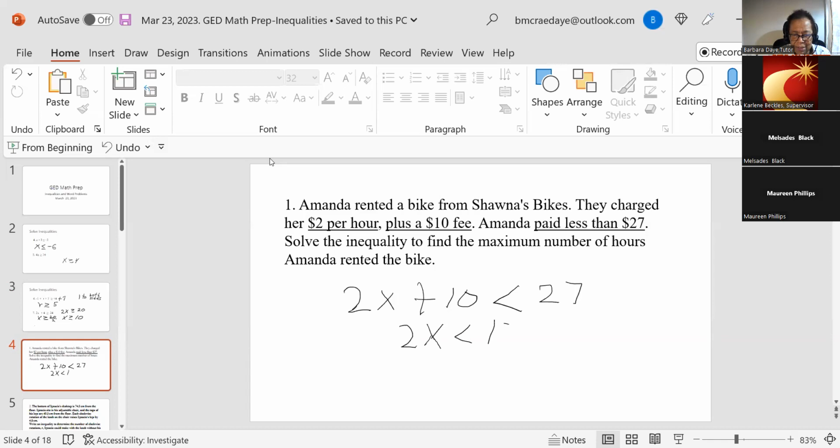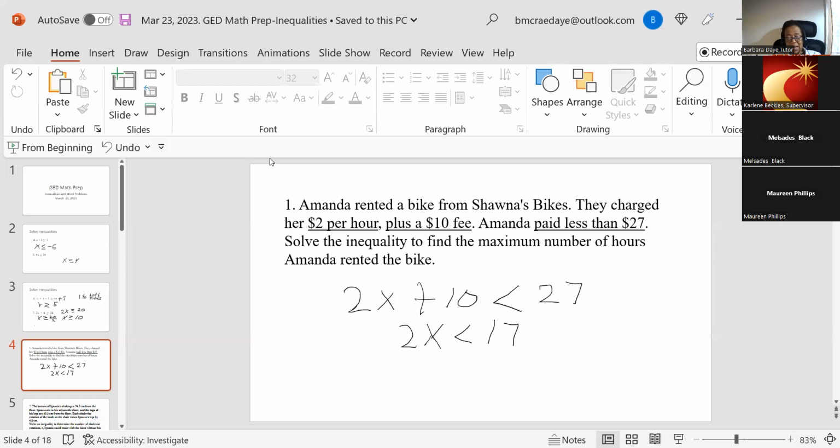Okay. So what is X? You want to find the maximum number of hours she rented the bike. X is the number of hours. You let X be the variable for the number of hours. So what is X equal to?